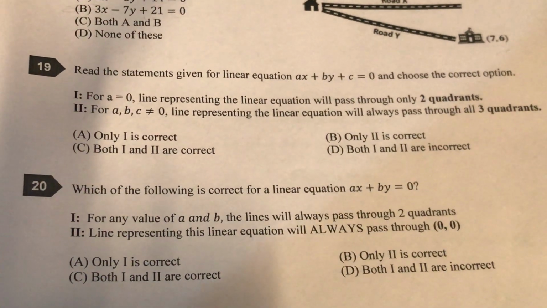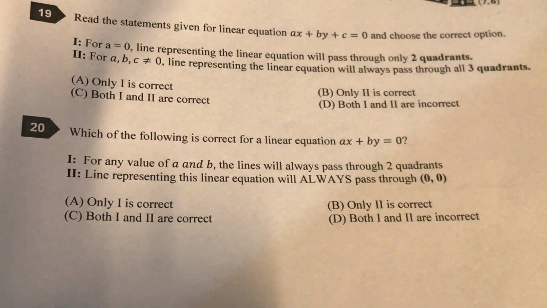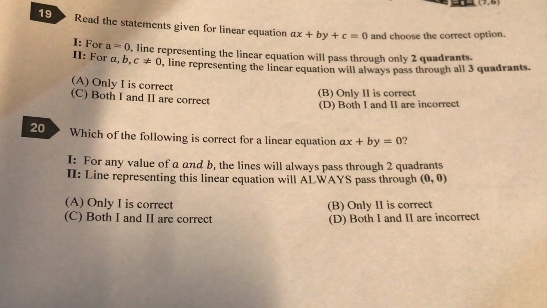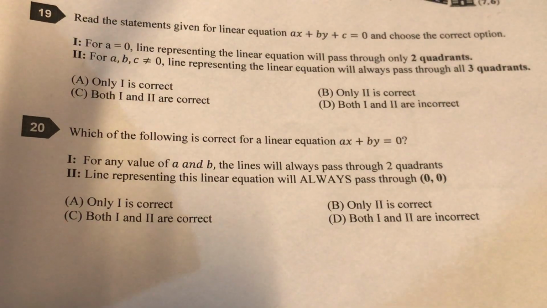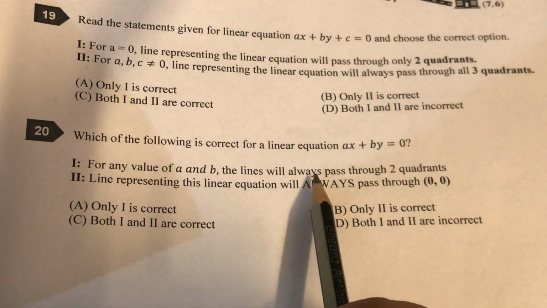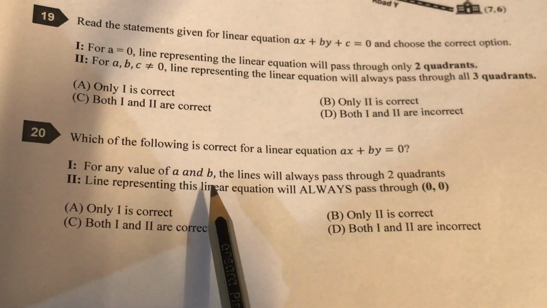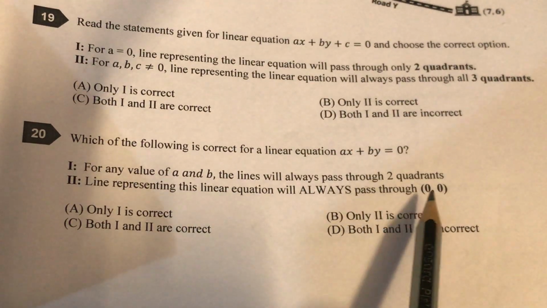Now the third and the last question: which of the following is correct for the linear equation ax plus by equals to 0? For any value of a and b, the line will always pass through the 2nd quadrant, and the line representing the linear equation will always pass through 0, 0.